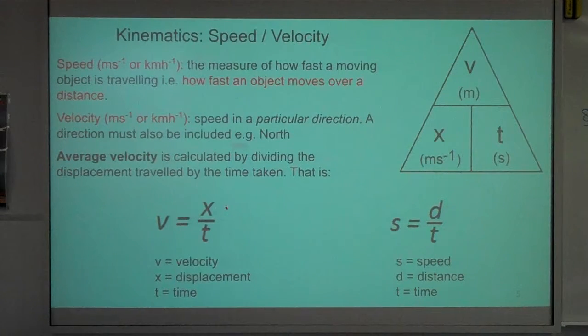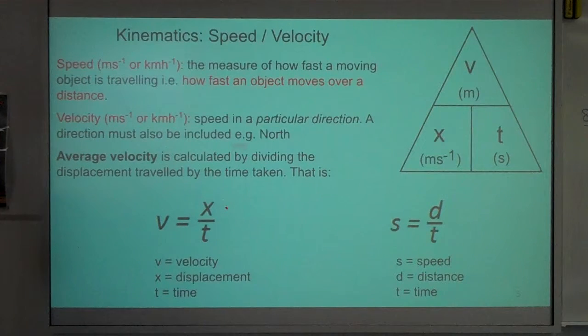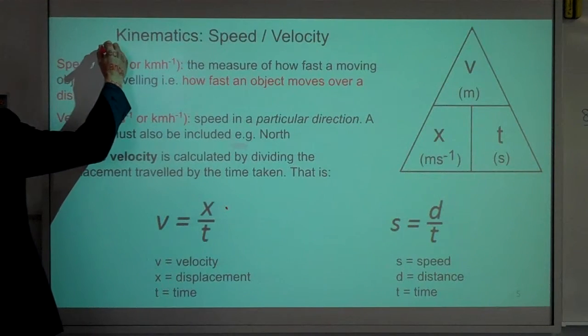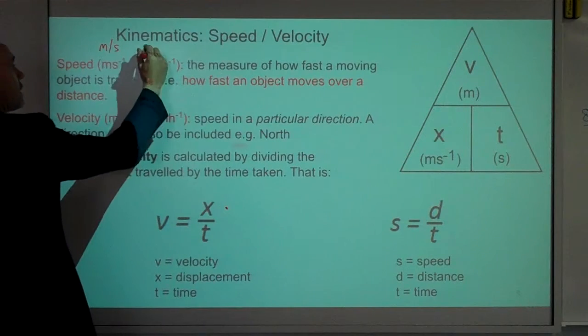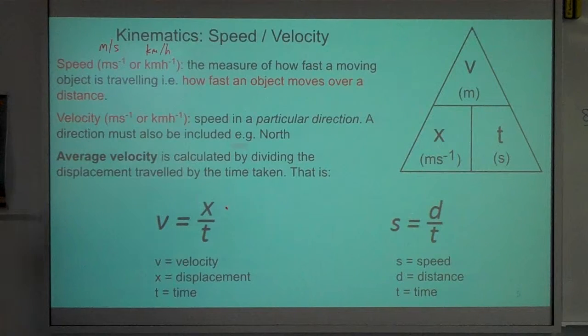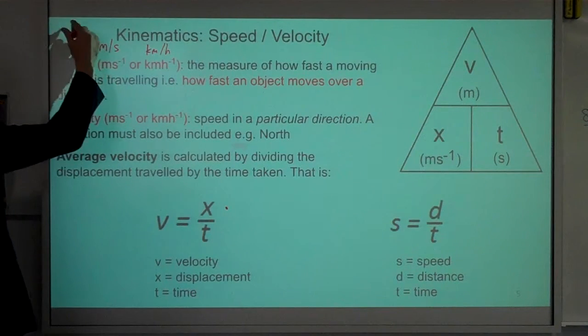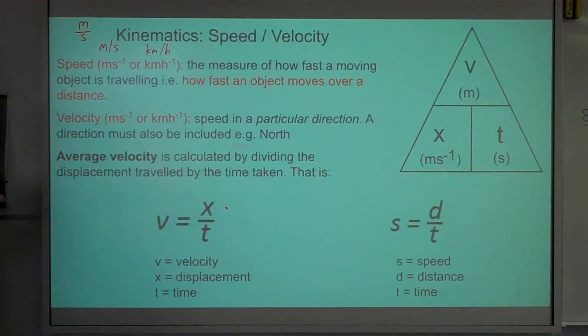Now, speed is measured in metres per second or kilometres per hour. You're probably more used to seeing things like this: metres per second, and kilometres per hour, but in Year 10 physics we use the -1 designation. Metres per second, really that means metres over seconds, yeah? Do you understand?